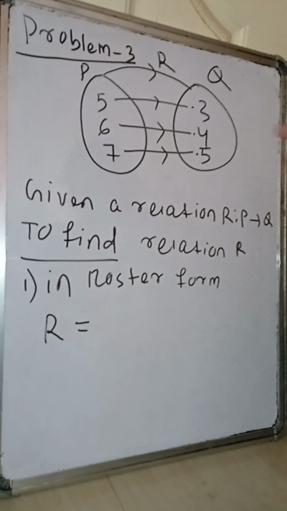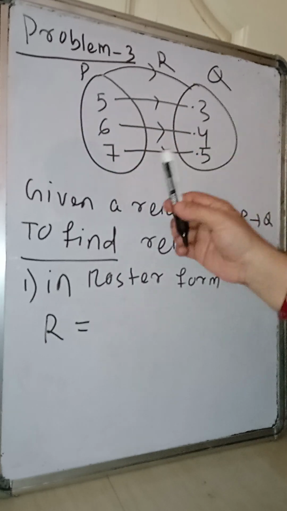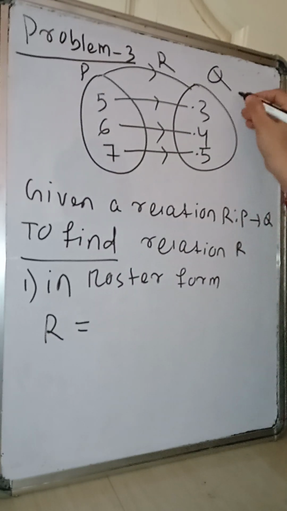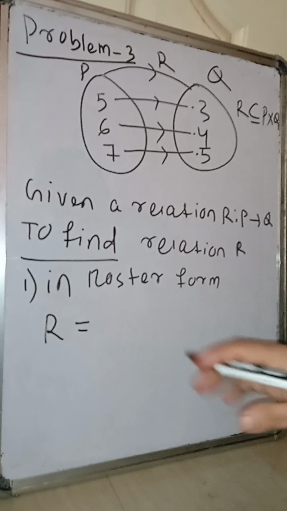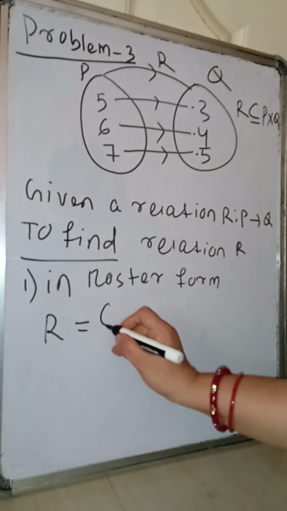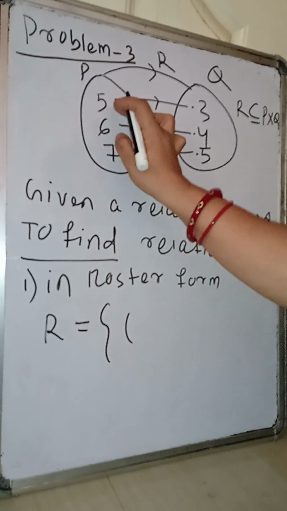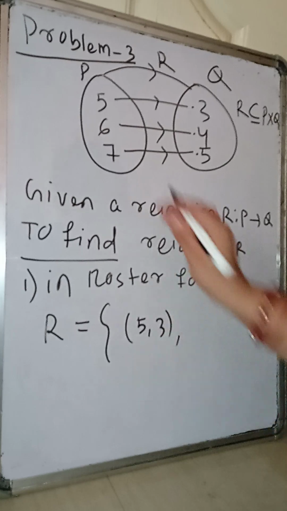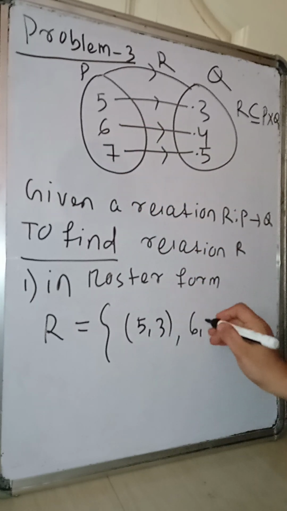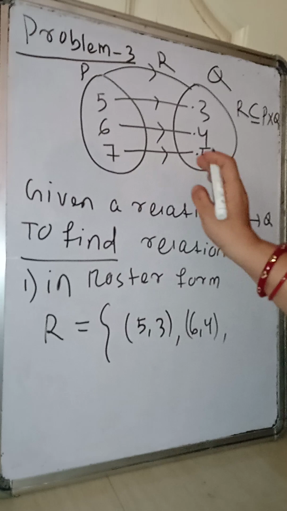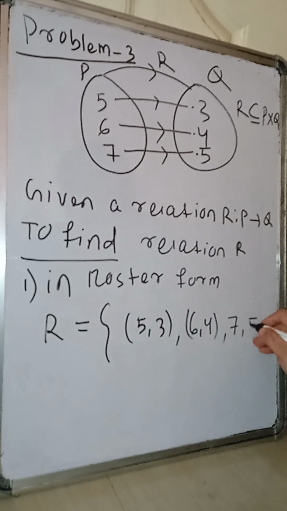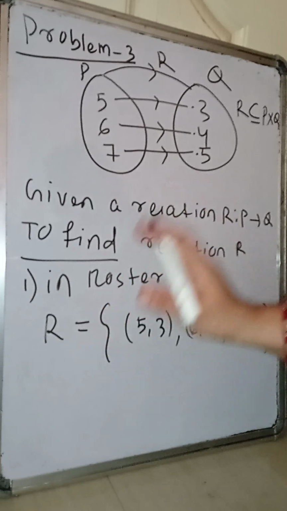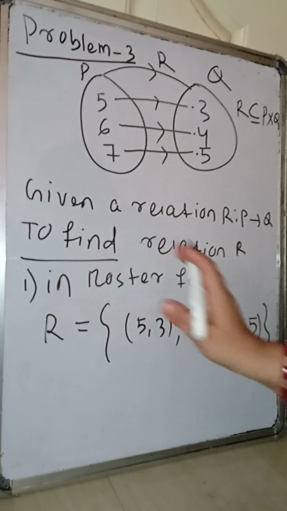Since the relation is from set P to Q, R is a subset of the Cartesian product of P and Q. The ordered pairs are: 5 goes to 3, so (5, 3); 6 goes to 4, so (6, 4); 7 goes to 5, so (7, 5). These are the ordered pairs of your relation in roster form.